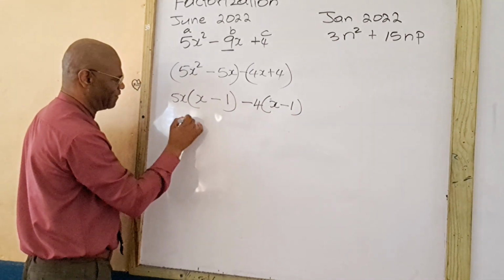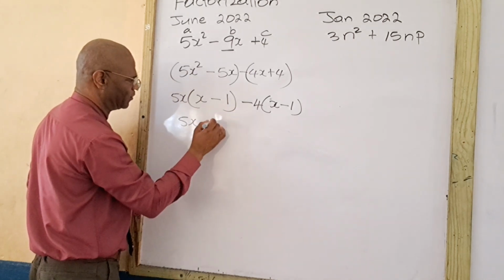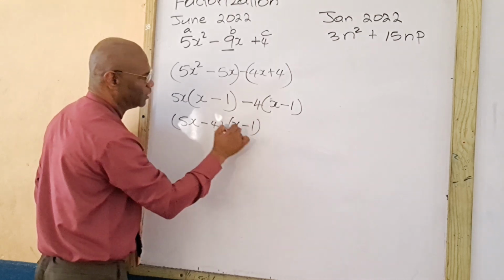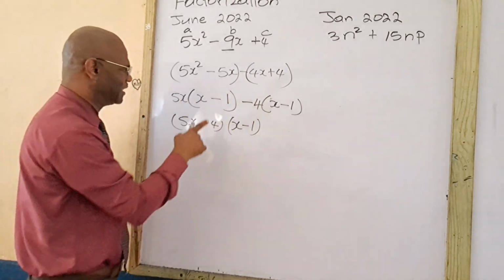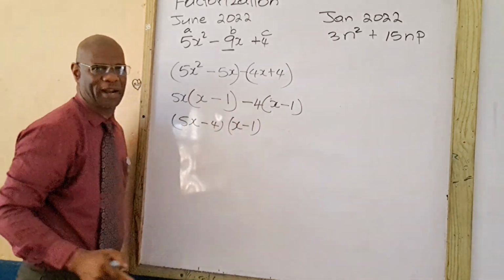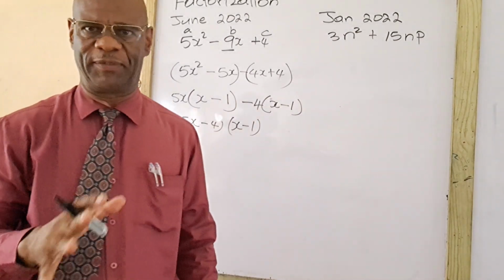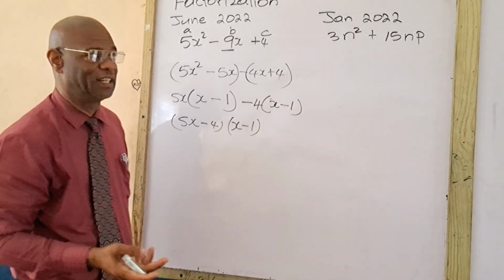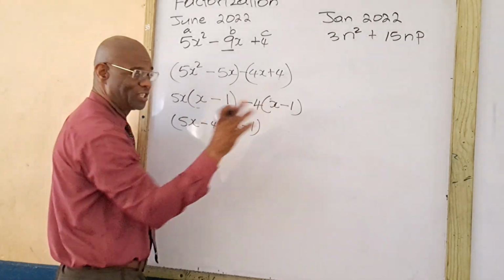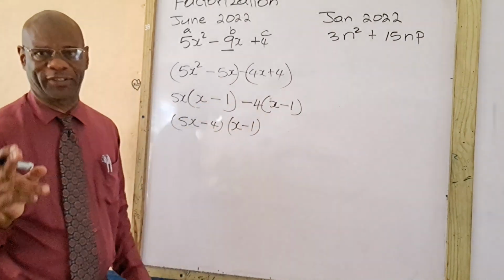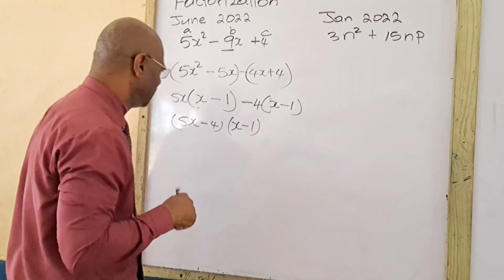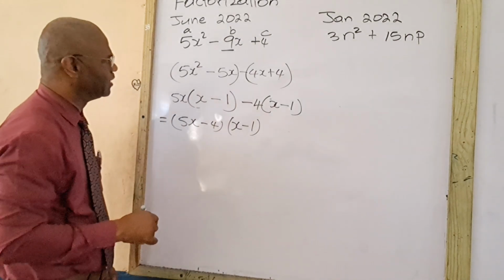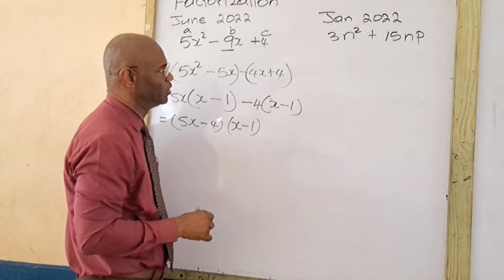So we have 5x minus 4 into x minus 1. Now notice that we have the same thing in both of the brackets. Right? So if we have the same thing in both brackets, then it means that we are on the right track. Now, if what you have inside there were different, then it means you'll have to go back to the drawing board and come again. Right? So this would be our answer. Right? 5x minus 4 into x minus 1.